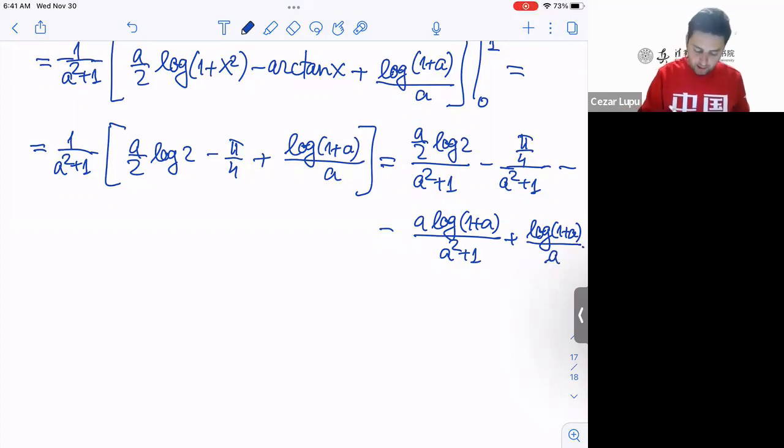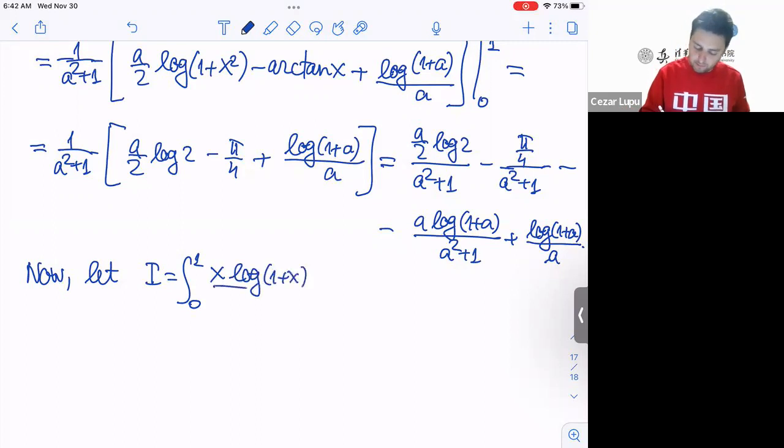So now let I be our integral, the integral from 0 to 1. We denote I our integral.